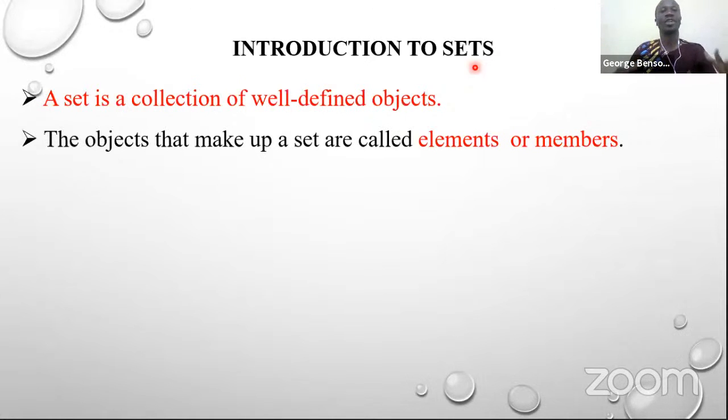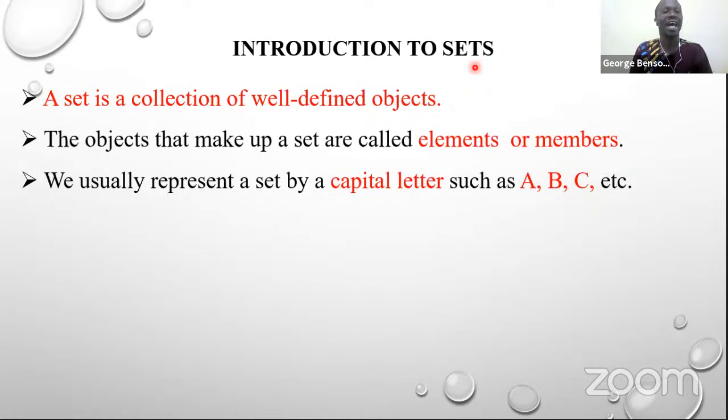So when we define a set, the objects that make up the set are called the members or the elements of the set. And we usually represent a set by capital letters such as A, B, or C.